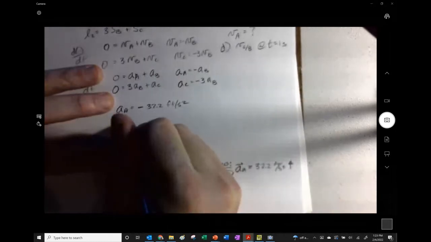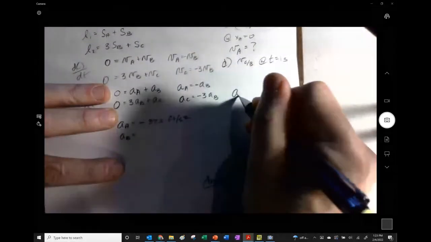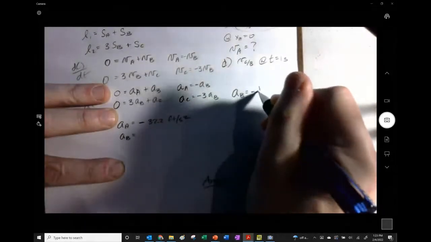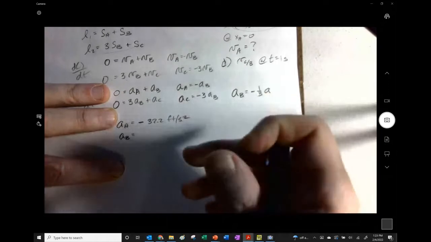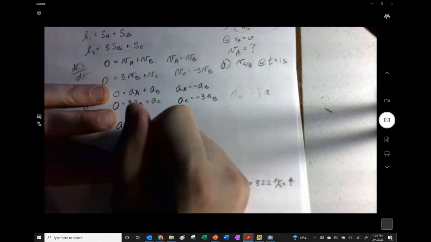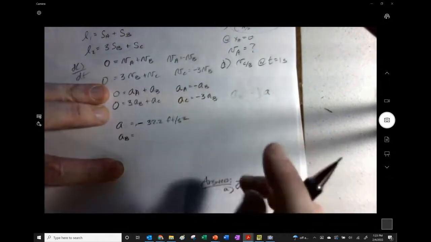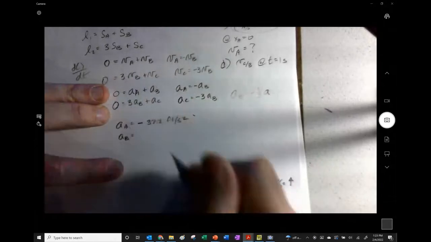And then also down here for the acceleration of B. So now we actually need to rewrite the thing. So the acceleration of B is negative 1/3 the acceleration of, let's see, what did I do wrong? No, I could have left it the way it was. Sorry. I was right. I thought I was wrong.